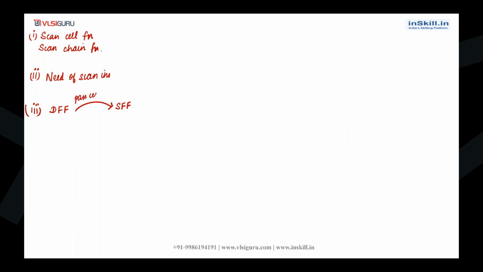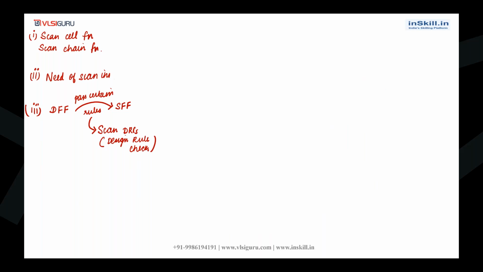Those rules are called scan DRCs. DRC stands for design rule checks. So scan DRCs are nothing but design rule checks.